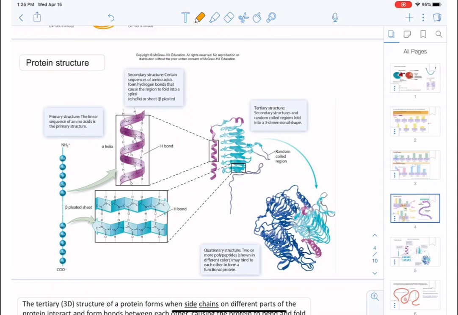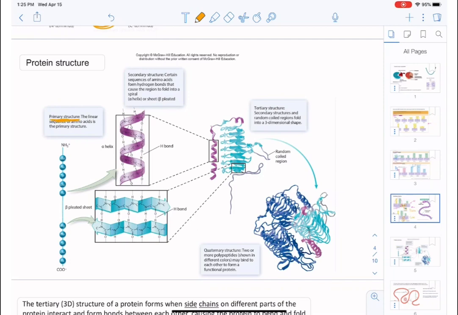Now let's move on to the different structural levels of a protein, because this is super important. It's critical for a protein's function that it be in the proper level of structure. So the first level of structure is called the primary structure.